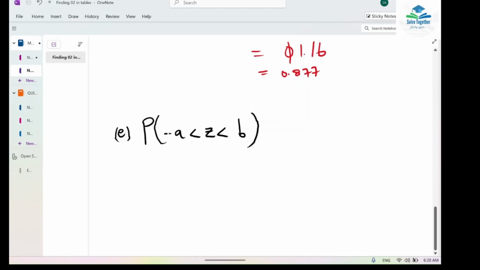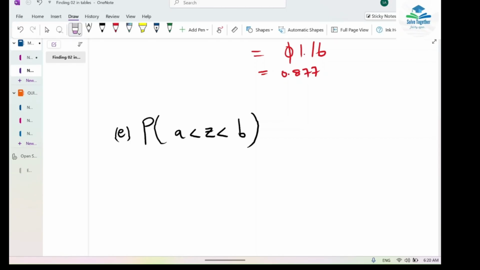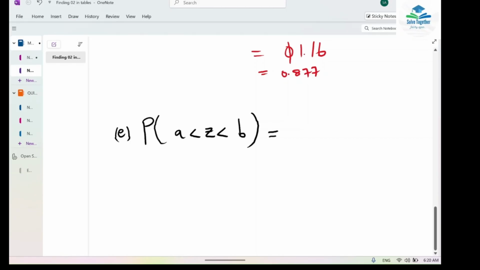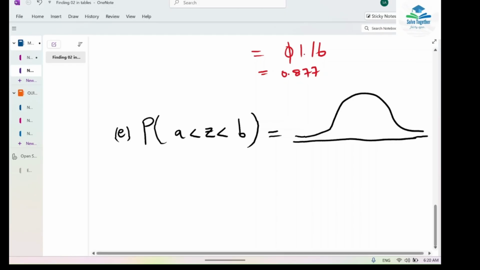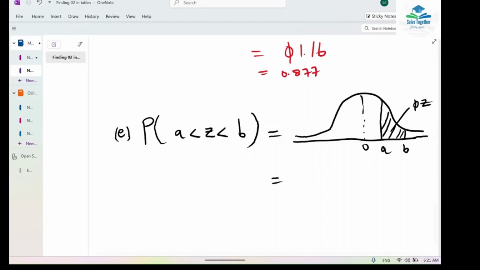Let me just remove that negative. So in our sketch, this will be something like this. We go to phi B minus phi A.